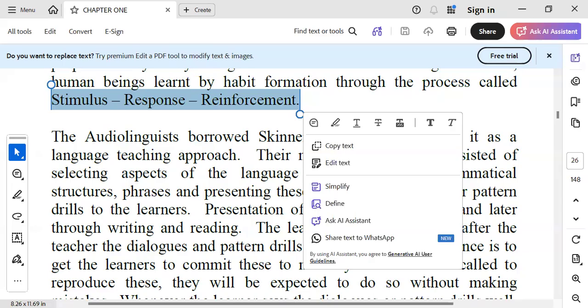Now, stimulus, that is something that causes or encourages a learner to respond. It is something that is requesting for your response.